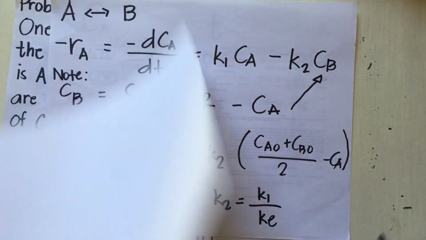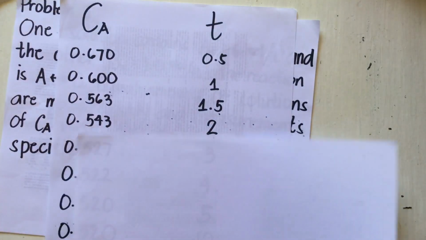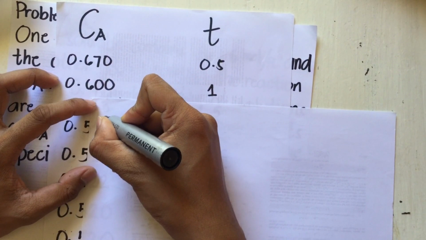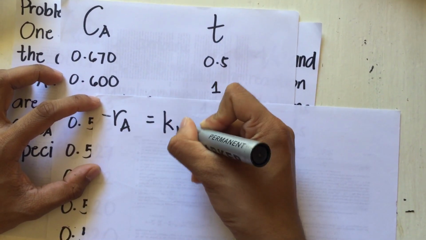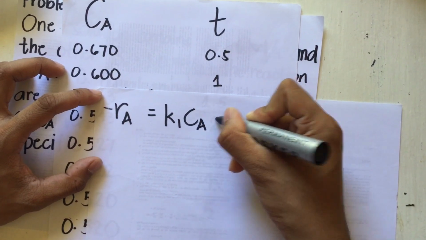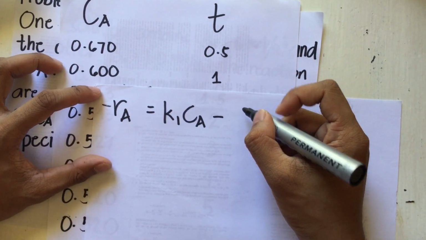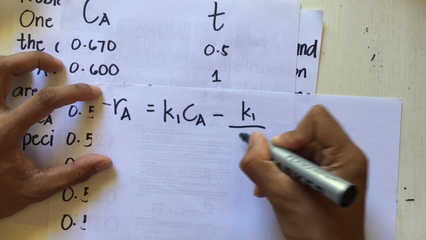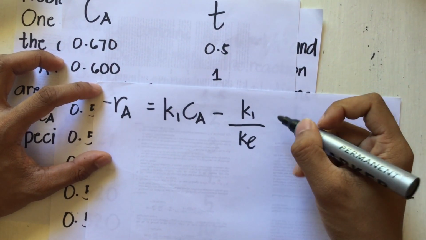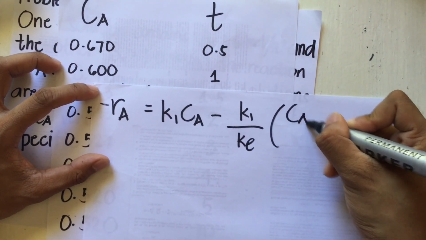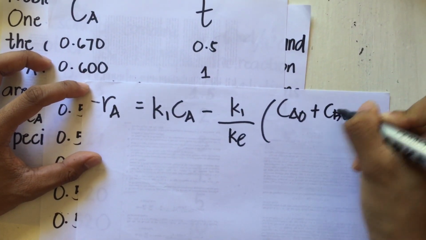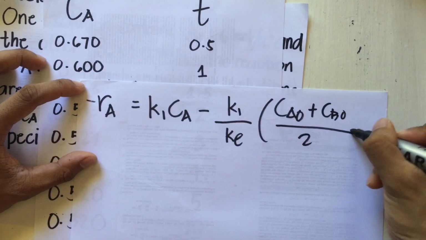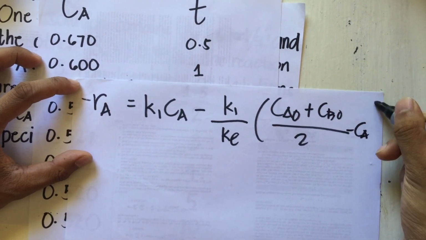So we have negative Ra is equal to K1 Ca minus the value of K2, which is K1 over Ke, times CaO plus CBO over 2 minus CA.